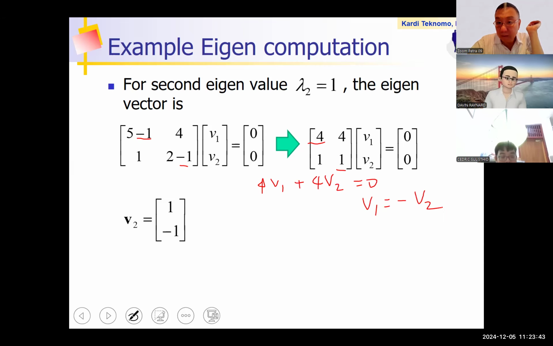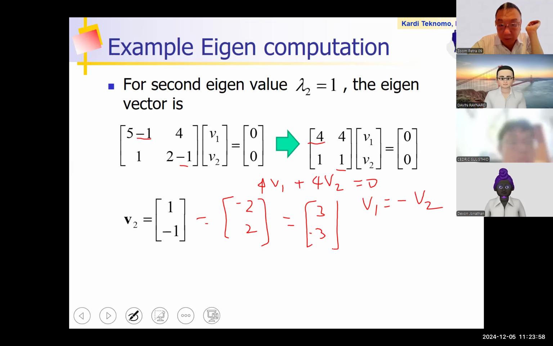So in that case, you can put, for example, minus 2 and 2. Possible? This one I can put minus 3 and 3. Possible? Remember, this is an equation of a line, so I can put any number as long as the proportions stay the same.